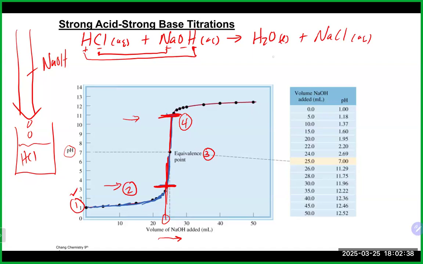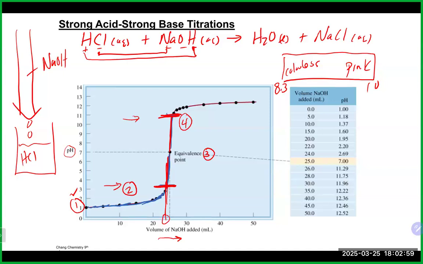And when you look at your indicator, like our friend phenolphthalein, 8.3 kind of colorless to 10-ish, super pink, you do not have to add a lot of base as you get near the equivalence point to actually change the pH a lot. You could do it with one drop.